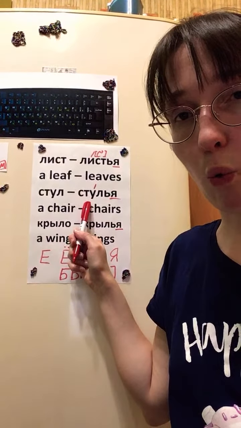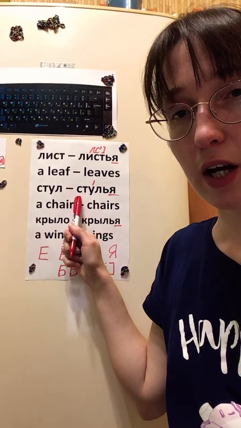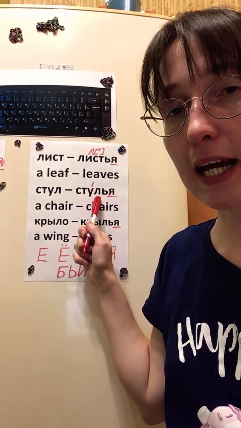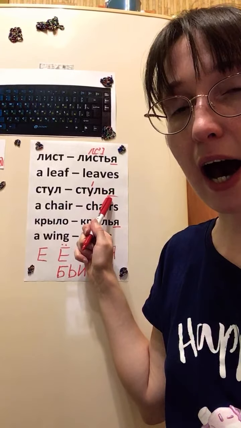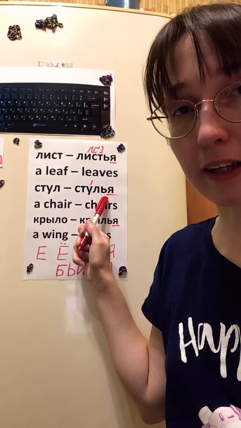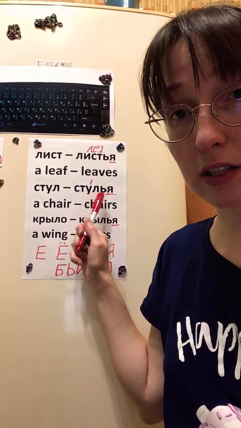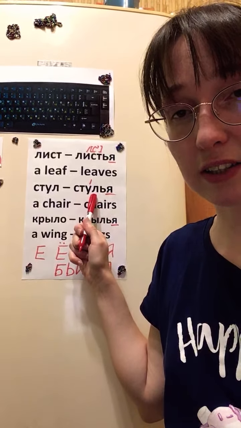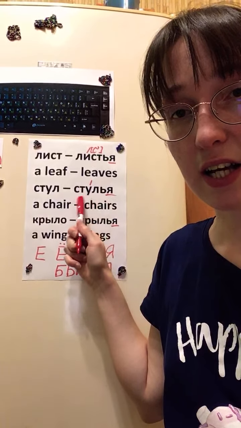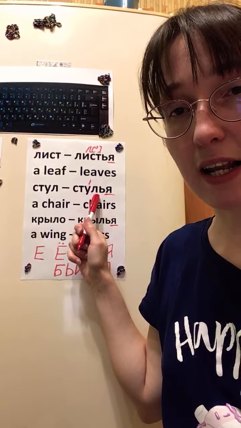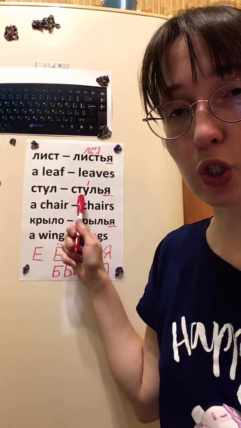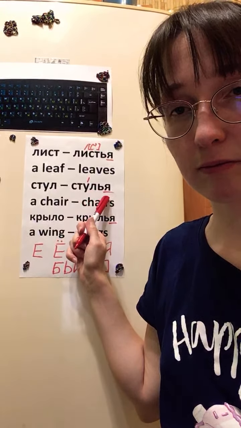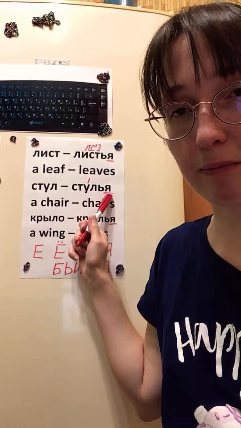Read it. 1, 2. Stulya. L-ya. Yep, I pronounced ya like in the alphabet because of the soft sign, because it separates a consonant and a vowel. L-ya. Stulya. Okay?